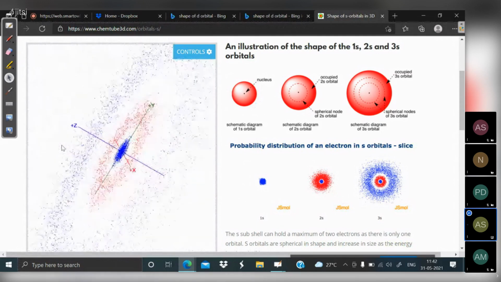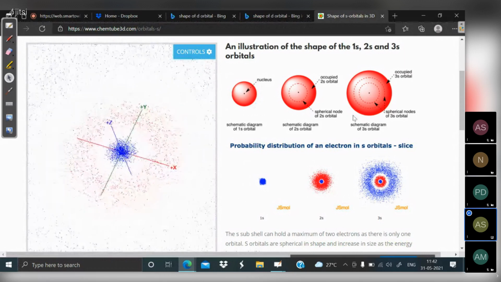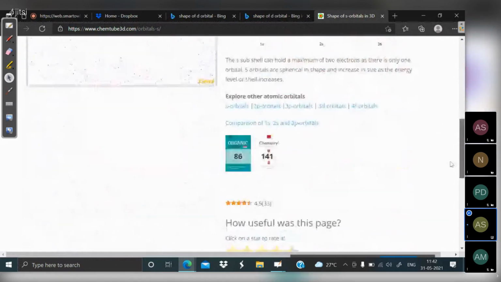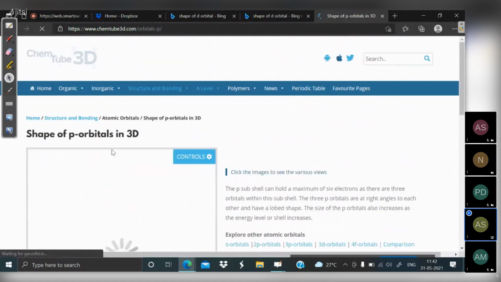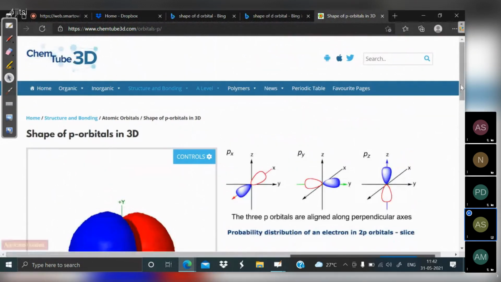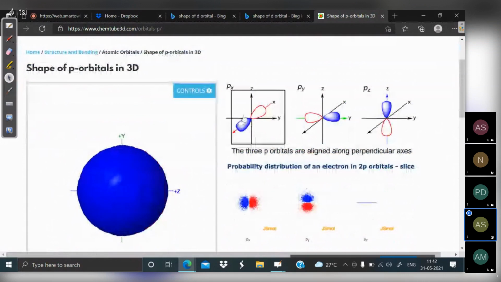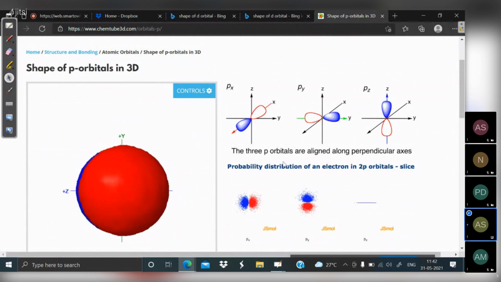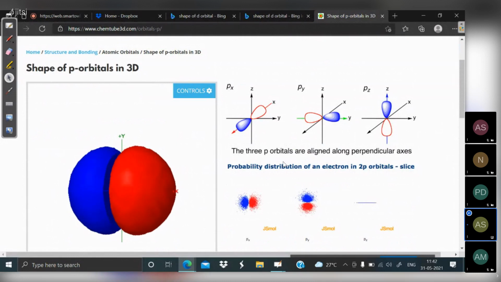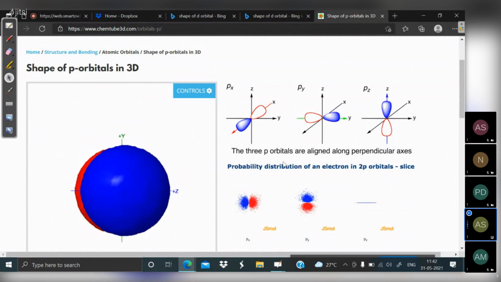Now let us see the shape of the p orbital. When we did the p subshell, you see p can have three values: -1, 0, and +1.